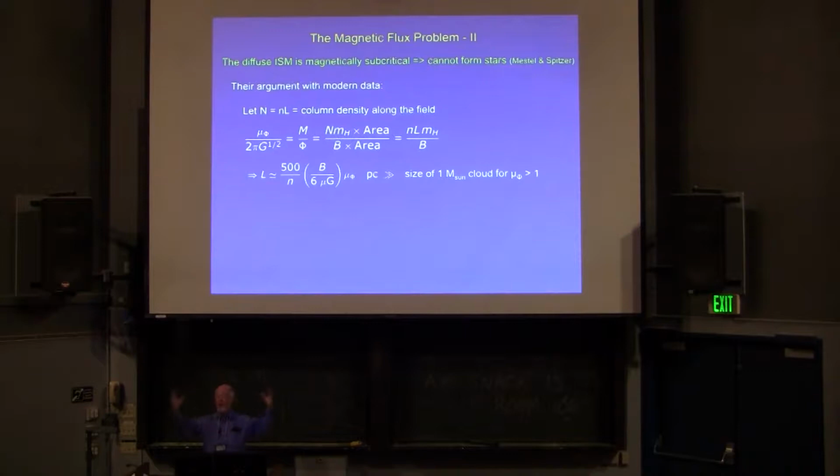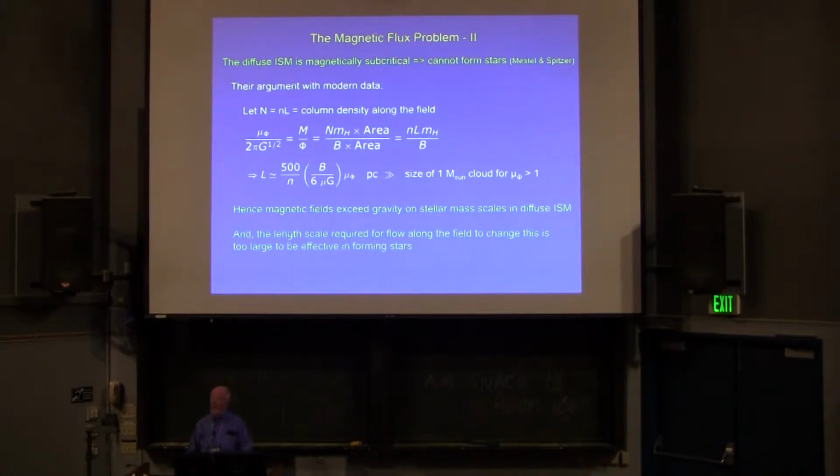So this is a huge region in the interstellar medium, far, far larger than the size of a region that you need to form a 1 solar mass star. So they concluded that magnetic fields exceed gravity on stellar mass scales in the diffuse interstellar medium. And the length scale required to change this is too large to be effective in forming stars.